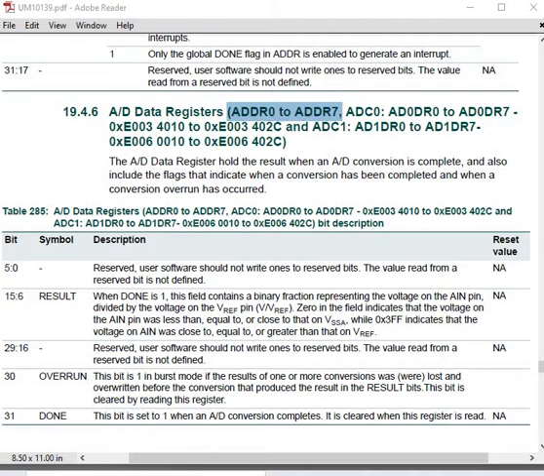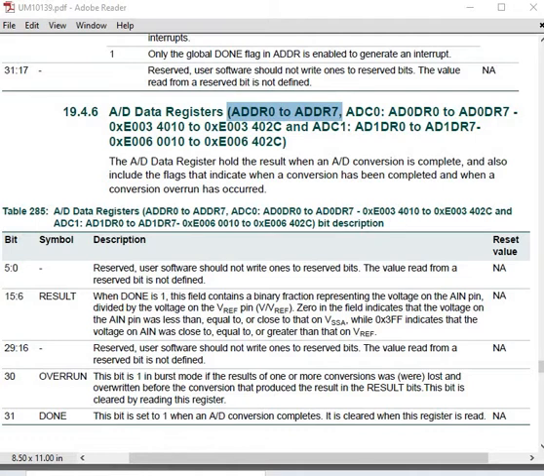Always remember this. A value of 0 means that the voltage on the analog input pin was less than or close to the ground, that is VSSA. And it indicates that the voltage on the analog input pin was close to, equal to, or greater than the voltage on the VREF pin.